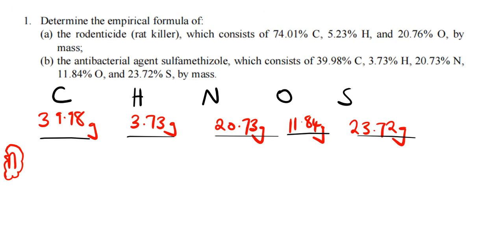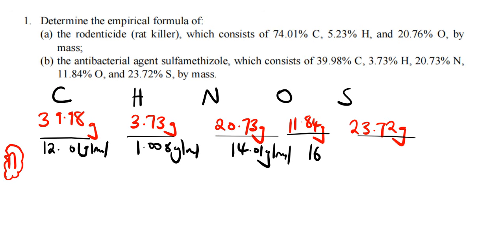The molar mass for carbon is 12.01 grams per mole, hydrogen 1.008 grams per mole, nitrogen 14.01 grams per mole, oxygen 16 grams per mole, and sulfur about 32.07 grams per mole.